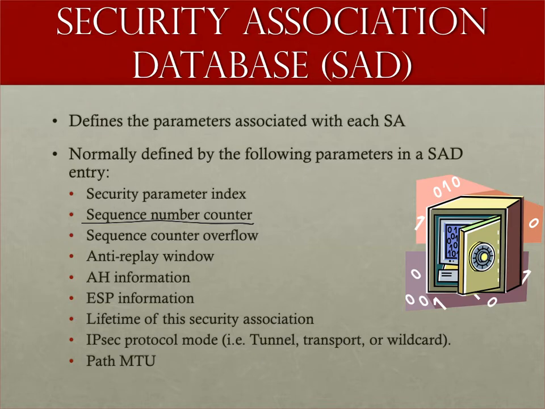The sequence number counter is a sequence number that we assign to the packets that are coming in, and the current sequence number counter is stored in the security association. So why do we need a sequence number in every packet?